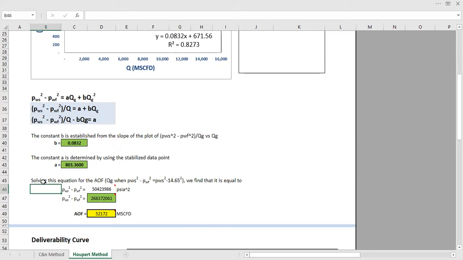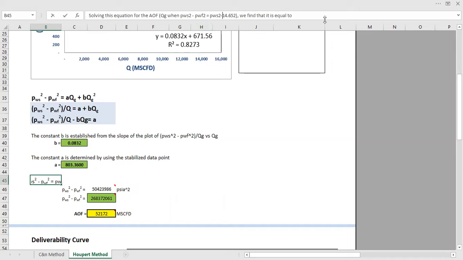Solving this equation for the AOF, absolute open flow, or flow rate when the PWS squared minus PWF squared equals PWS squared minus this one, 14.7 or 14.65 squared, because the absolute open flow or maximum flow rate will occur at a flowing bottom hole pressure of 0.